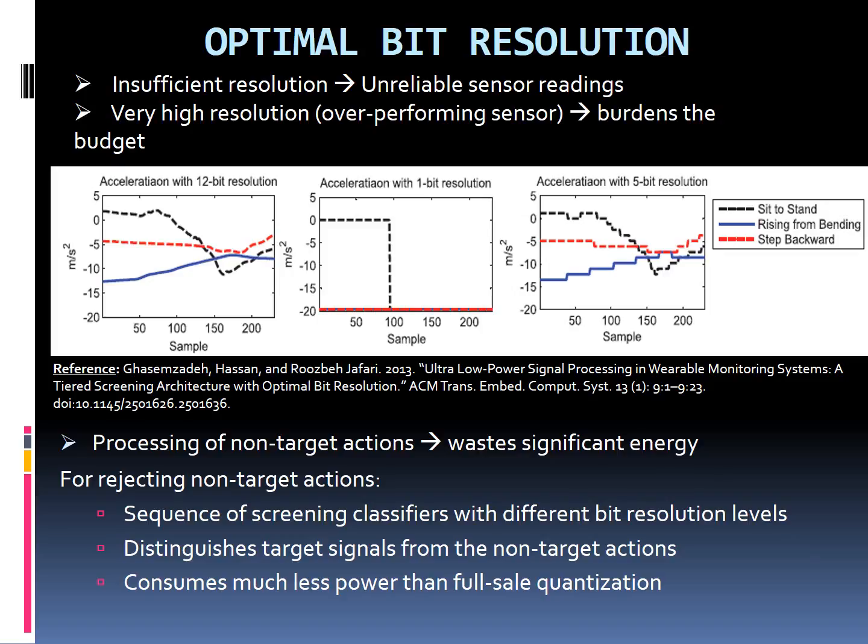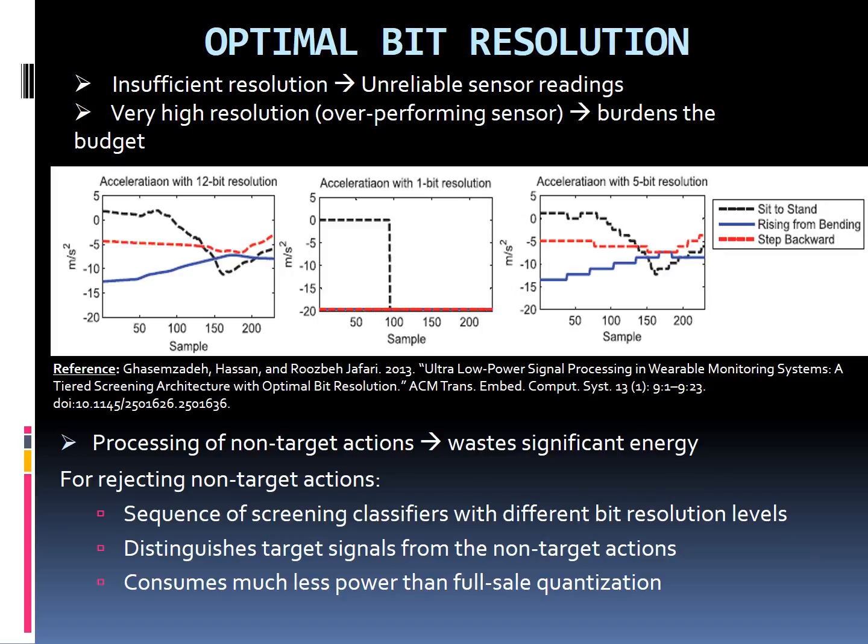This 1 bit resolution classifier can reject the sit to stand signal but not the step backward action, since this signal has the same value as the target signal. The non-rejected action can then be further processed by the next classifier in the chain, which is a 5 bit resolution classifier. Here, the step backward and rising from bending actions are distinguishable.